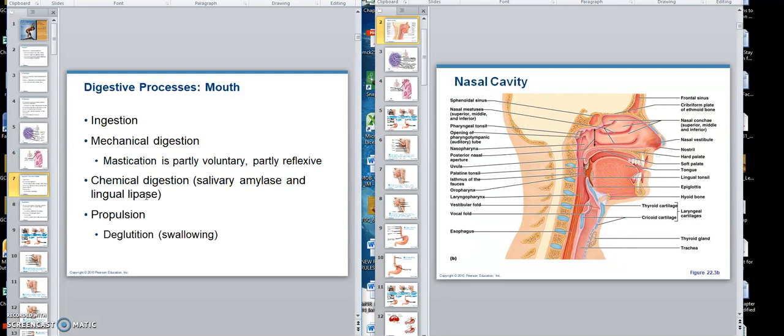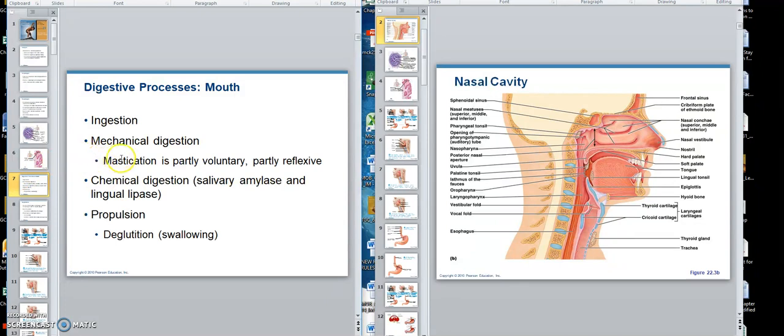You need to break the food up, wet it, and enzymatically break it down so it's in the monomer form. Anything that gets past the small intestine is waste. What you need to reabsorb in the large intestine is some of the water and the electrolytes, leaving the waste so you can defecate it. That's a quick overview to get you going.